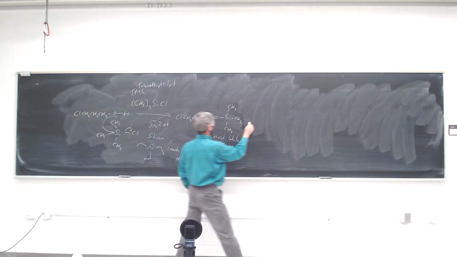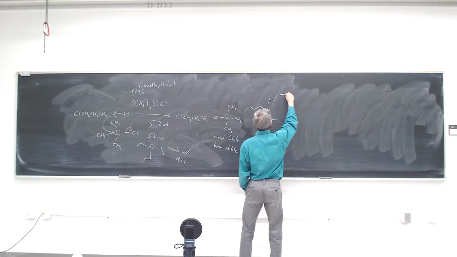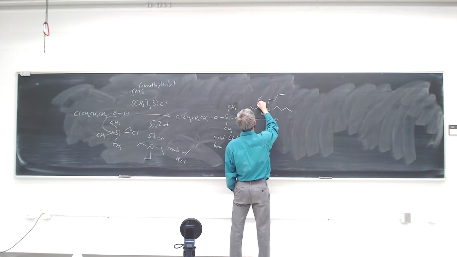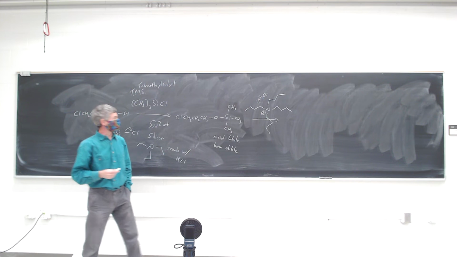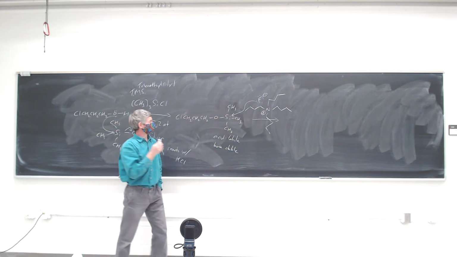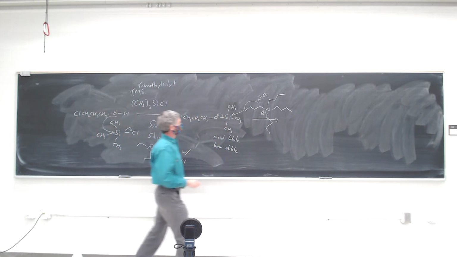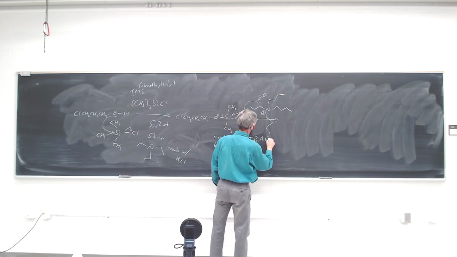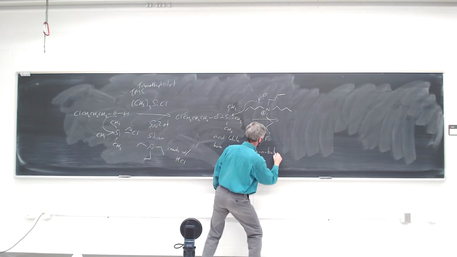The deprotection conditions for taking this off are to use fluoride ion. Silicon-fluorine bonds are very strong. And so we'll do an SN2 reaction and kick out oxygen as the anion. And this is TBAF, which is tetrabutylammonium fluoride.